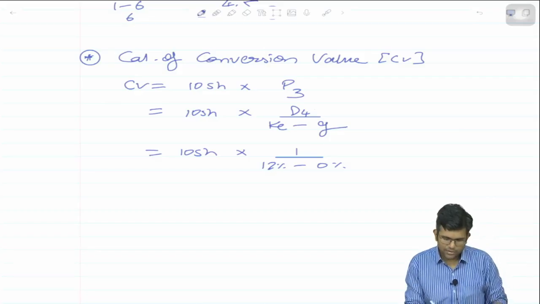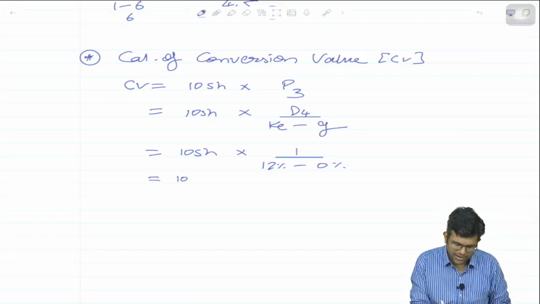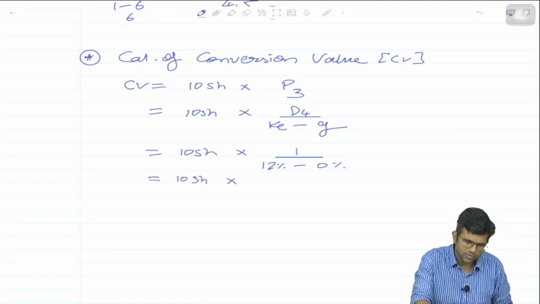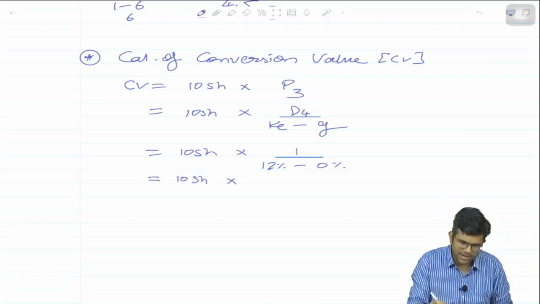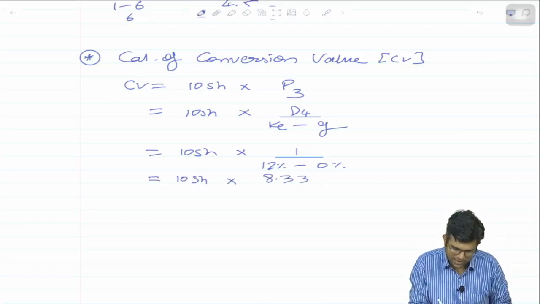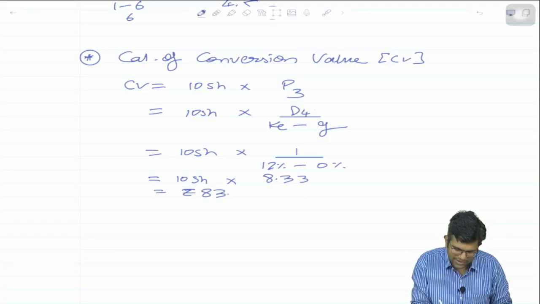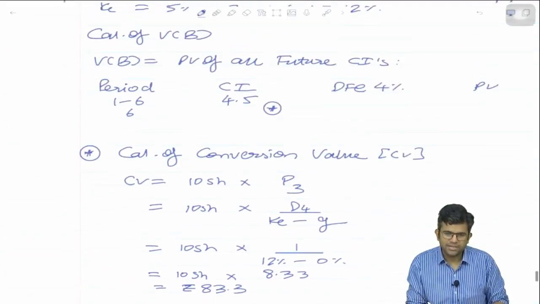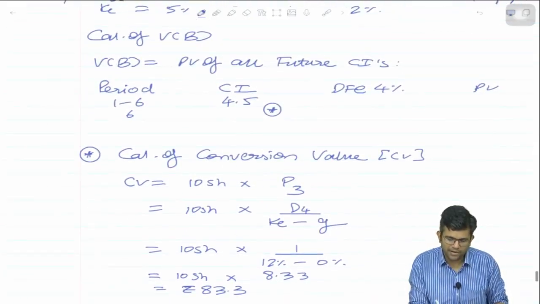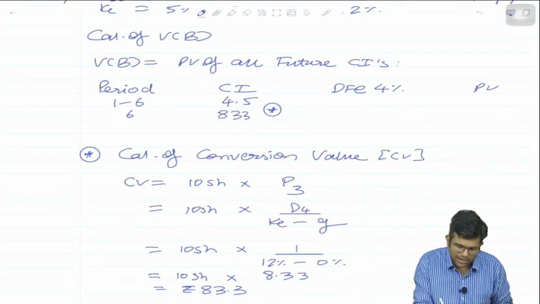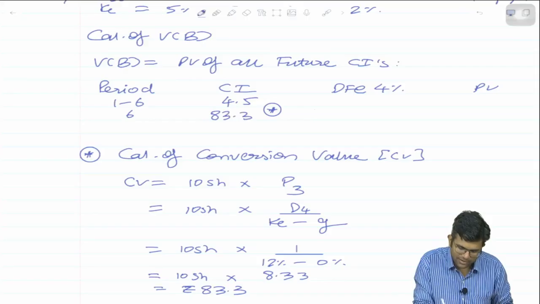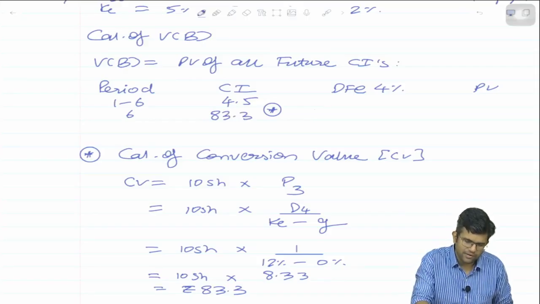Tell me. So this will be 10 shares into 1 divided by 12%, 8.33. And this will be rupees 83.3, which means instead of getting my redemption value of 100, I am getting only 83.3. Correct? Discounting factor 1 divided by 1.04, 1, 2, 3, 4, 5, 6.